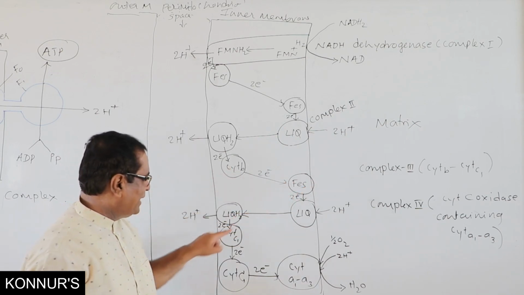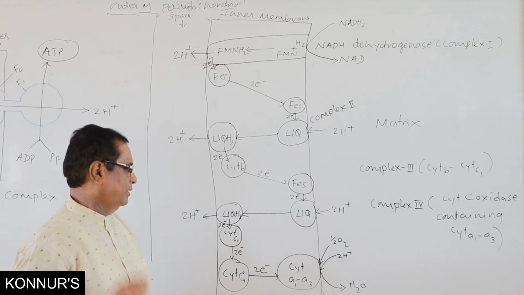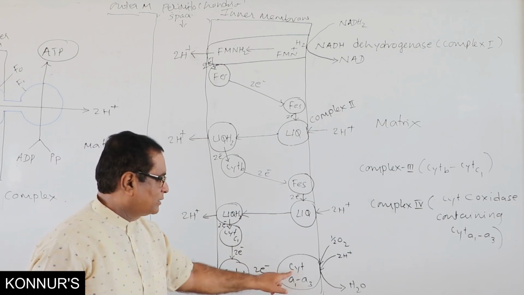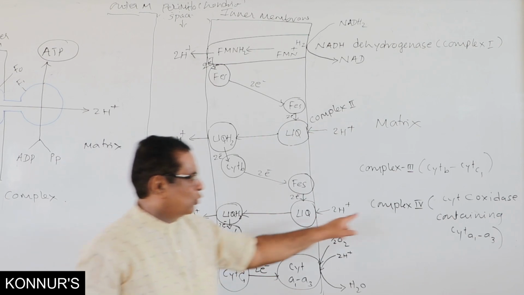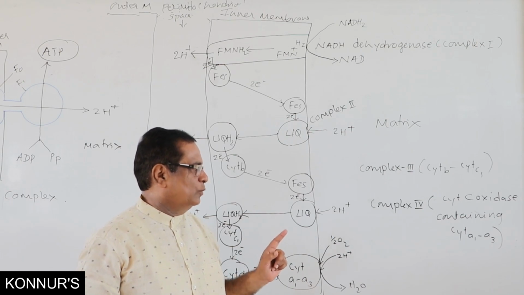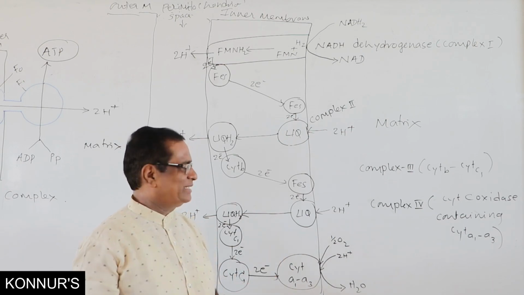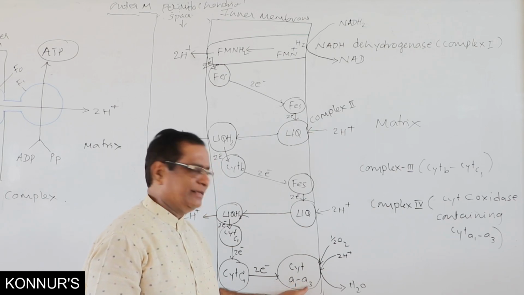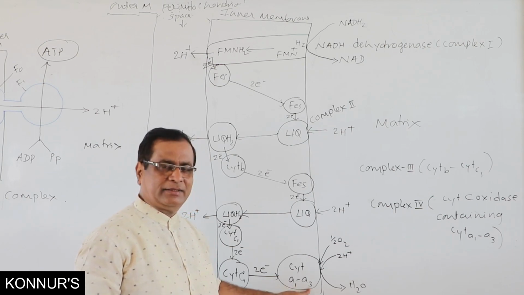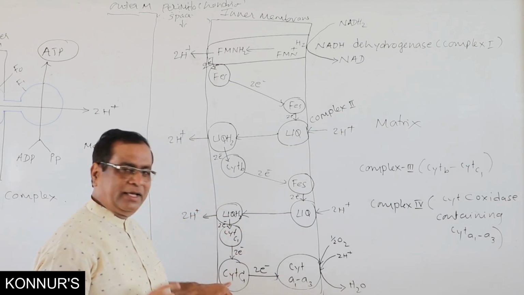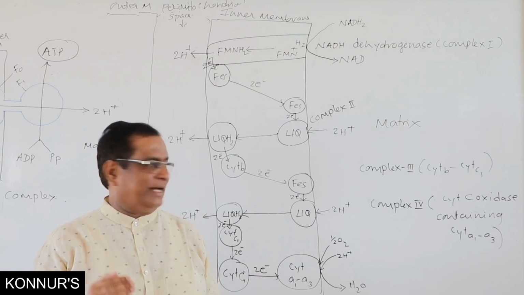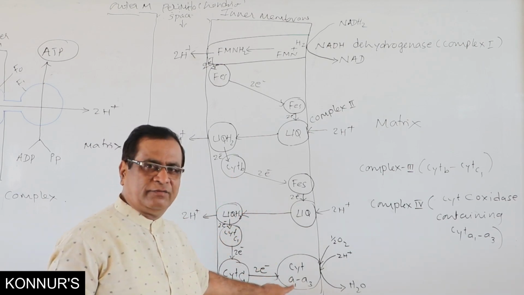Cytochrome B to cytochrome C1 is the third complex, and this third complex is connected to the fourth complex. That fourth complex has cytochrome C oxidase containing A1 A3, and these two are linked by cytochrome C. I have just mentioned the question, which of the following connects the third complex to the fourth complex?